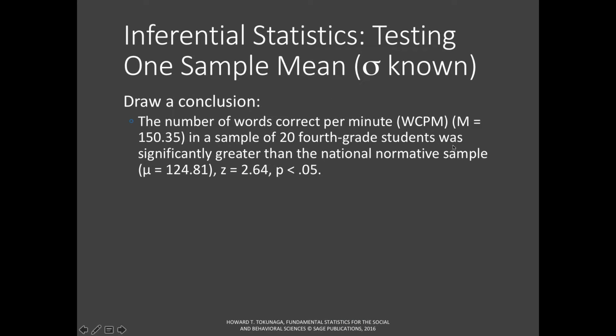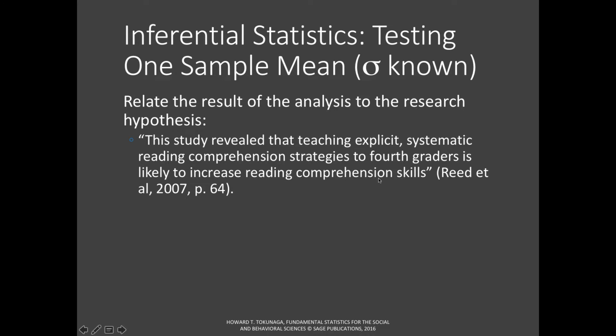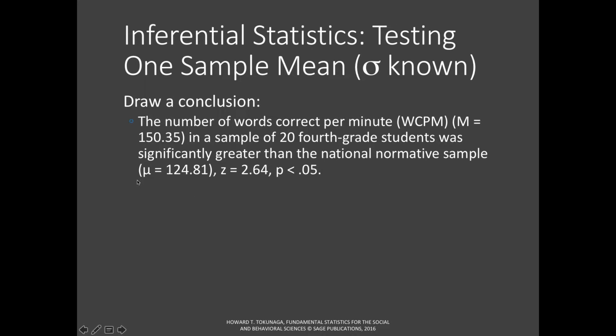So here it is written out nicely. The number of words correct per minute, the mean of 150.34 in our sample of 20 fourth graders, was significantly greater than the national sample, the mean of 124.81. This is how you would write up a summary of this finding.